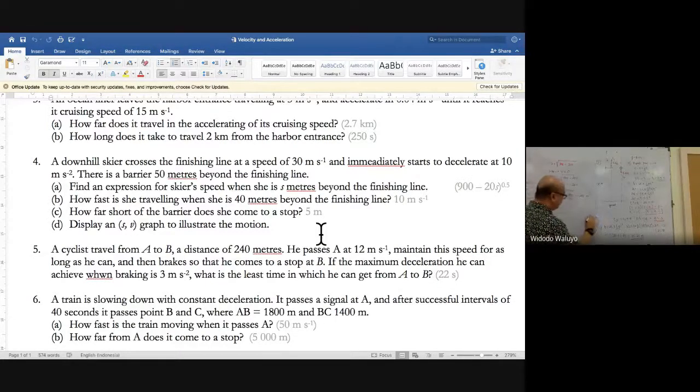Total jarak ini adalah 50 meter, sementara dia nyampenya 45 meter. Berarti sisanya, delta S-nya adalah 50 minus 45 equals to 5 meter. How far short of the barriers does she come to stop? Thank you, Pak.